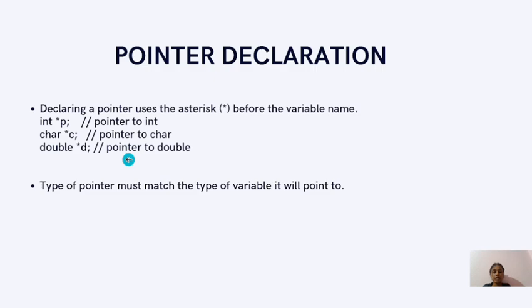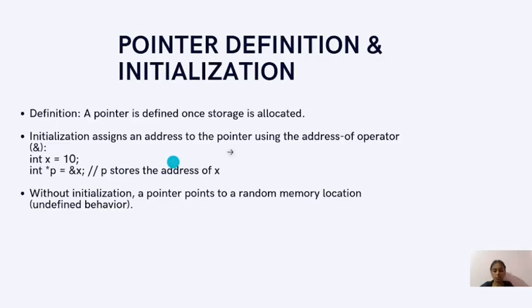Now let's move on to defining and initializing pointers. Definition means a pointer is created once storage is allocated for it. Initialization assigns an address to the pointer using the address-of operator, which is this one.